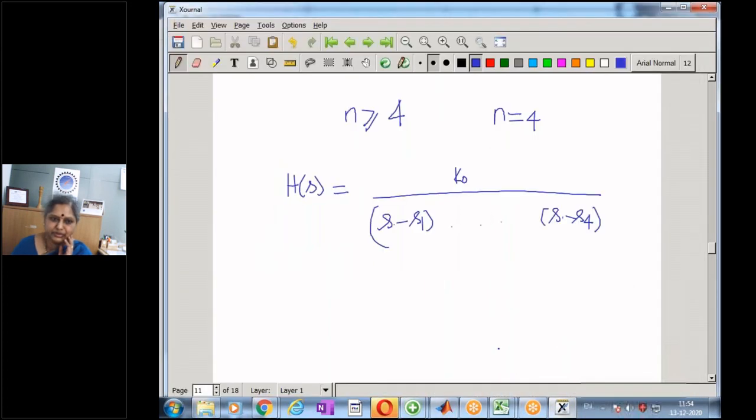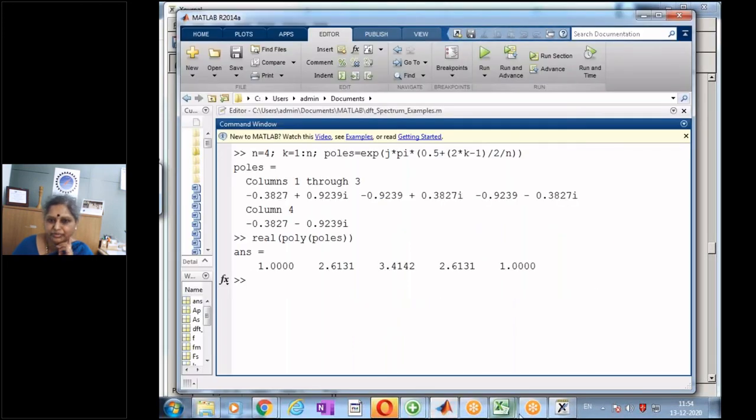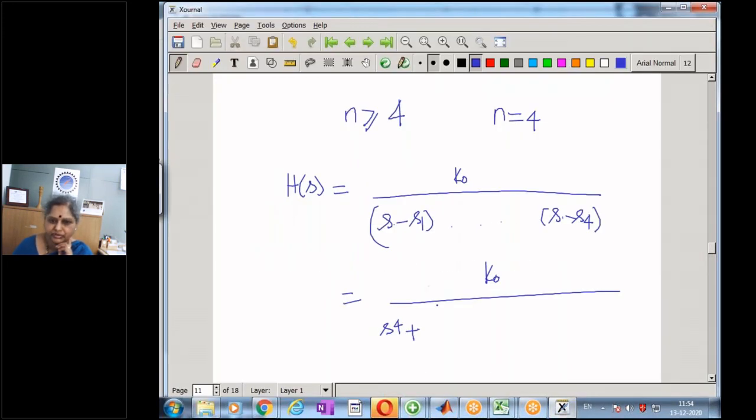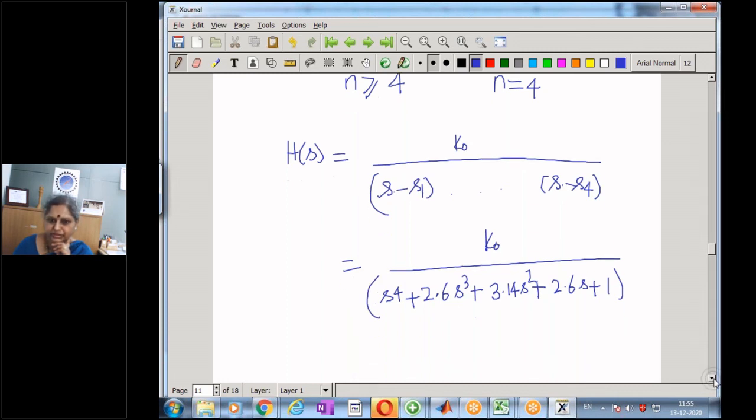So this is given by K0 by the fourth order, s to the power of 4 plus 2.6 s cube plus 3.14 s square plus 2.6 s plus 1. This is my fourth order filter.